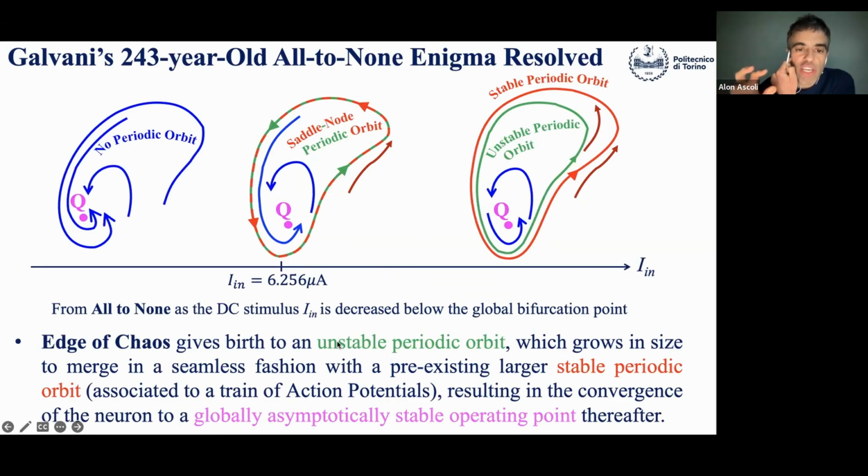And all these three bifurcations appear without, of course, changes in the parameters of the neuron, according to the Hodgkin and Huxley model, but just by changing the bifurcation parameter, the current, okay?